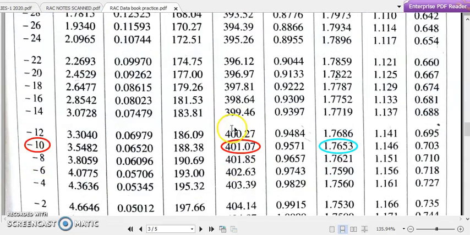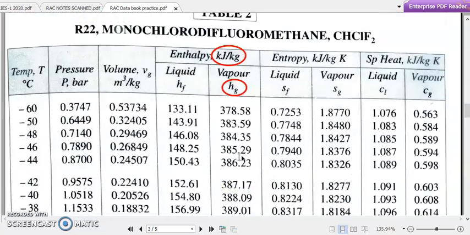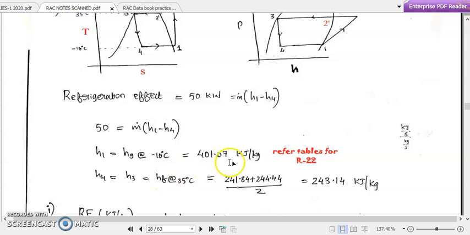Corresponding to minus 10 degrees Celsius, the Hg value is 401.07. The unit is kilojoules per kilogram. So we note that down as 401.07 kilojoules per kilogram.